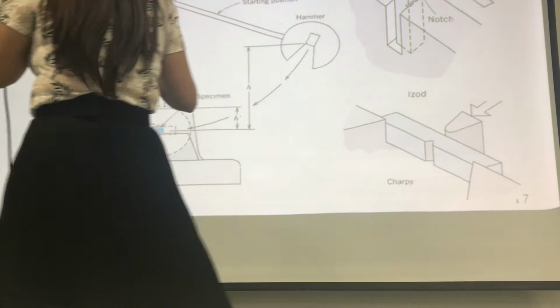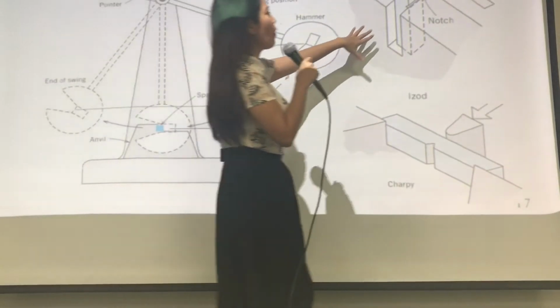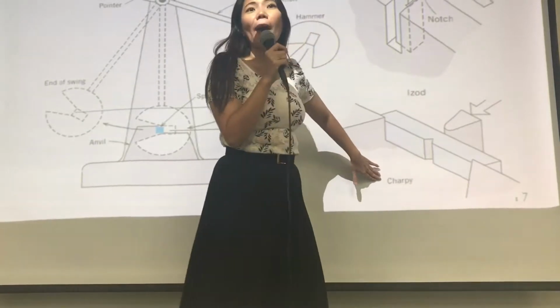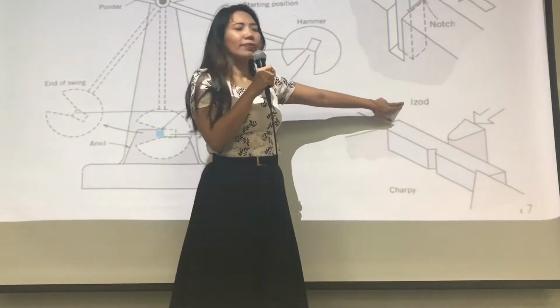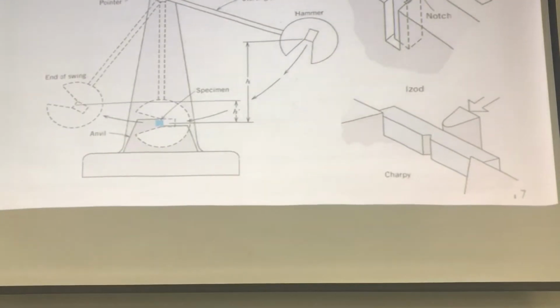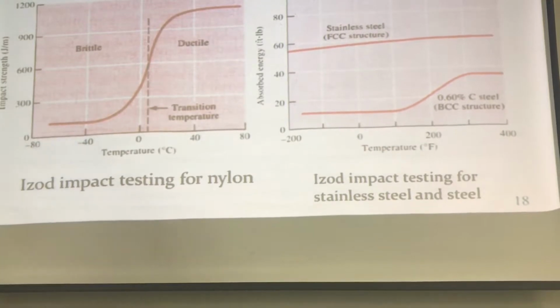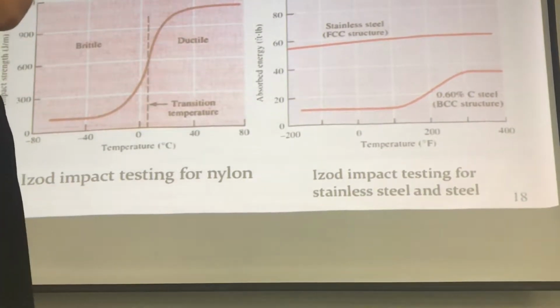There are two kinds of setup. The first one is Charpy, and another one is Izod.